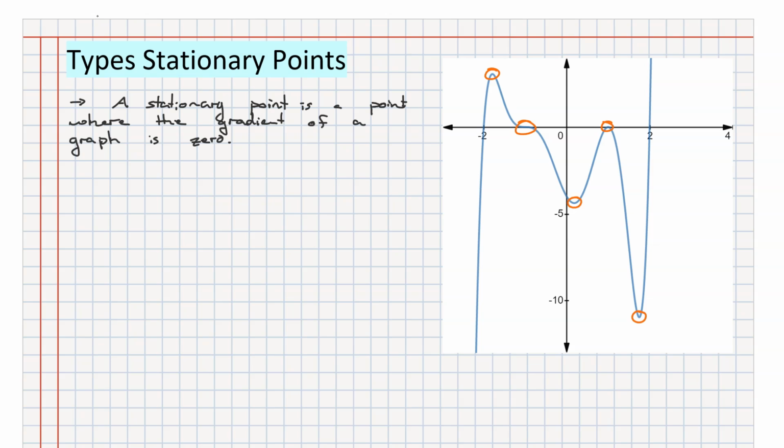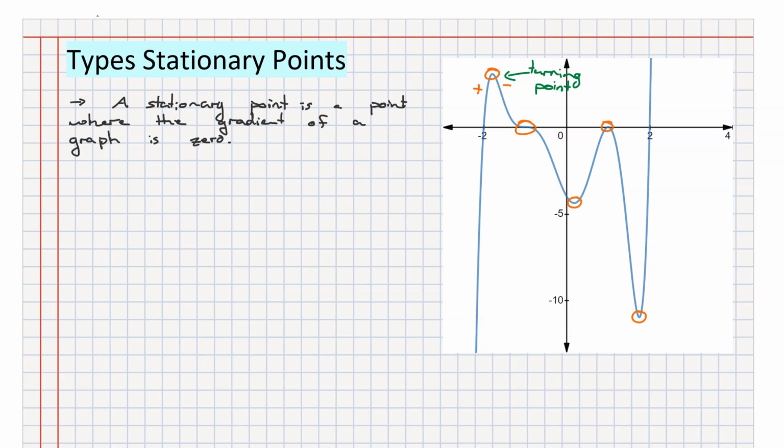In this first one, what we see is the gradient of the graph is positive because it's growing, but then it switches over to negative. So this particular type of stationary point, we call a turning point. In this case, the turning point goes from being positive to negative.